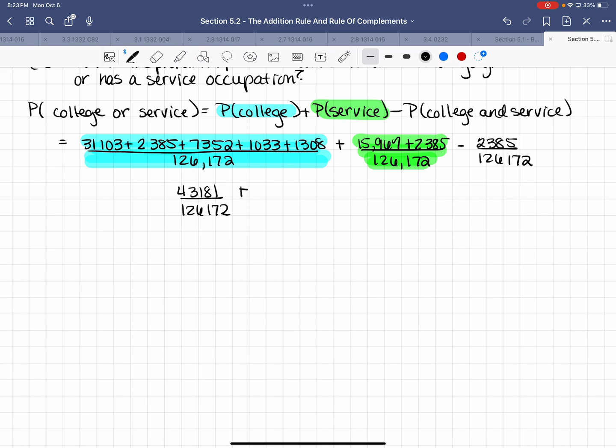Oh, okay. Because I just ran it all together. 15,967 plus 2385, 18352. Okay. Over 126172, then minus that 2385, 126172. Okay. And that does come out, once you put it all together, did we get 0.469? Is that what y'all said? Okay.